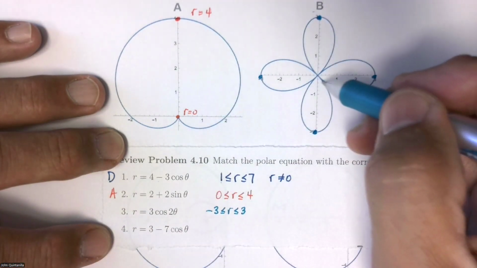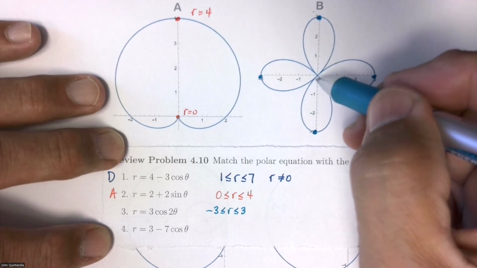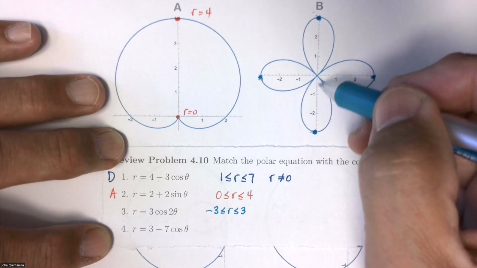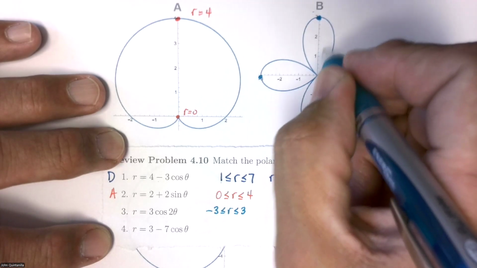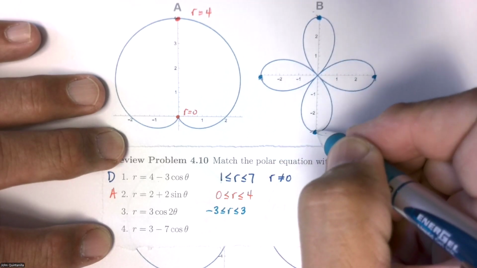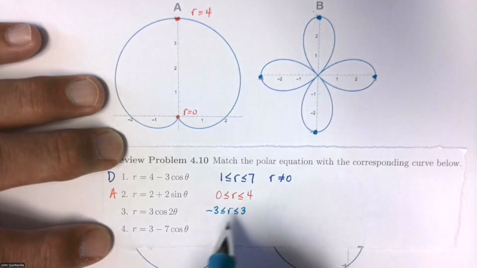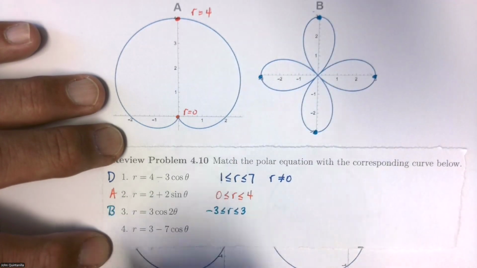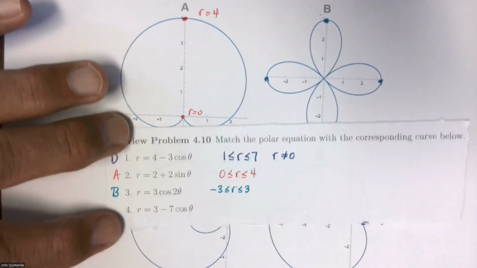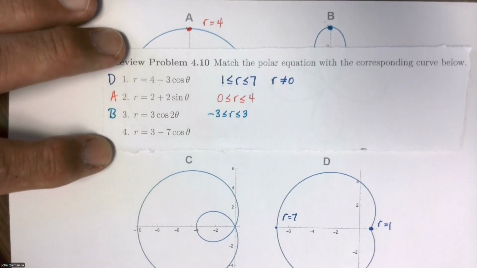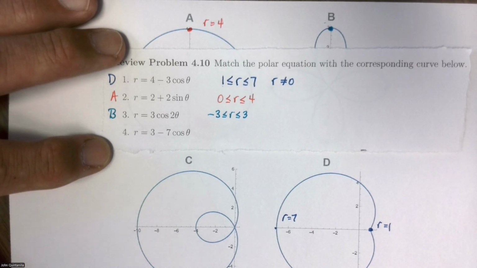It could be 3 positive, meaning theta is in this direction and I go 3 positive, or theta could be in this direction, but I go backwards 3 negative. Either way, the extremes are 3 away from the origin, and so that would be B as my option here. So by process of elimination, number 4 is going to be C.